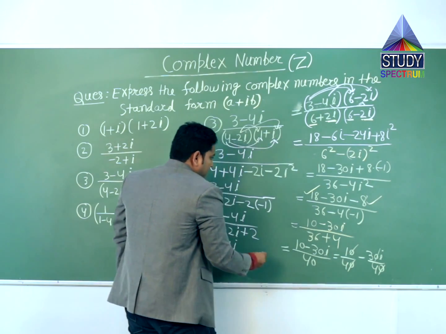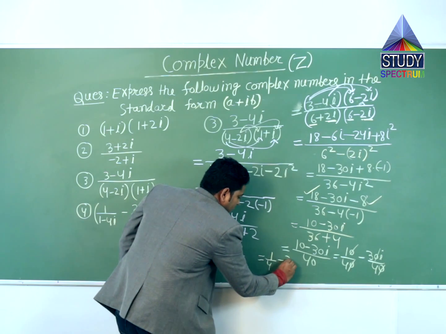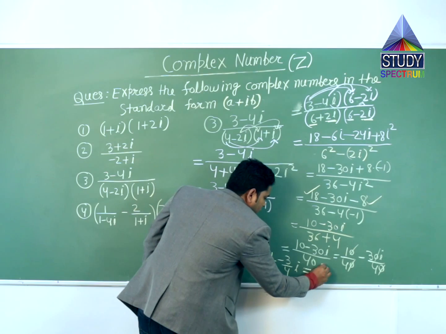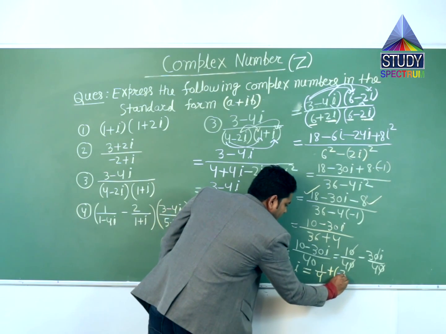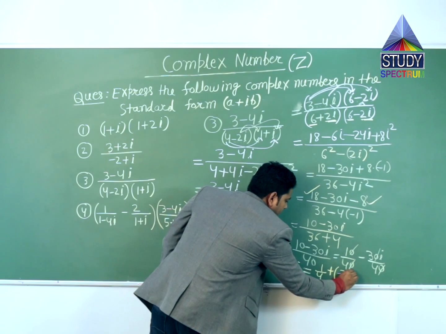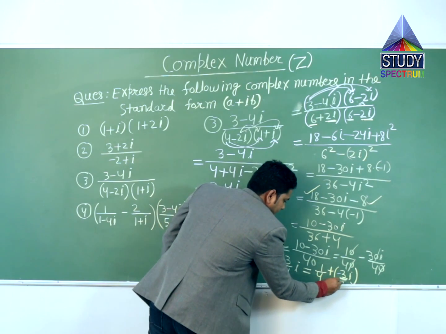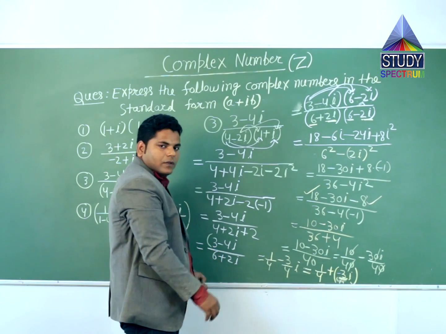So it will be 1 by 4 minus 3 by 4 i, or you can write 1 by 4 plus minus 3 by 4 i. Okay.